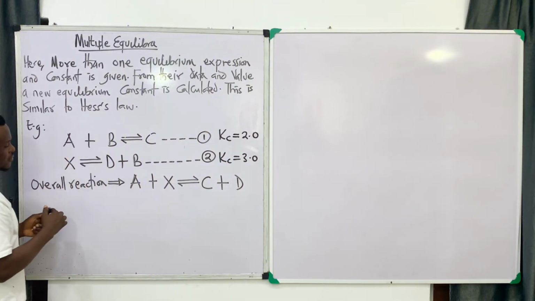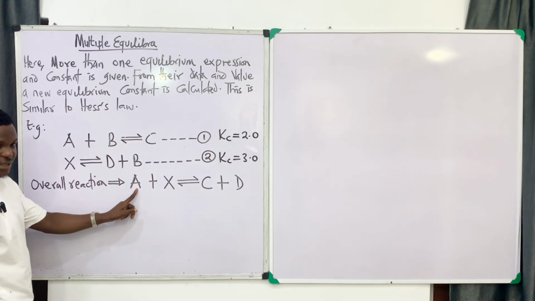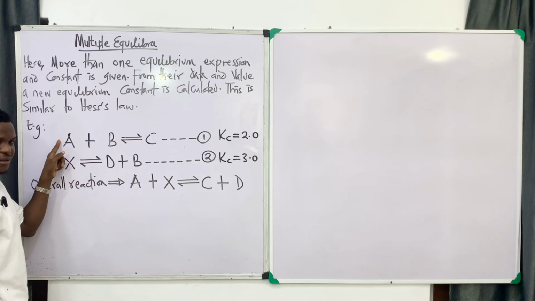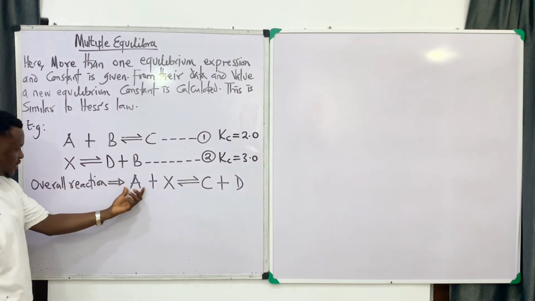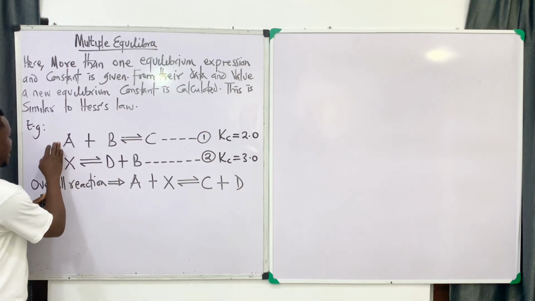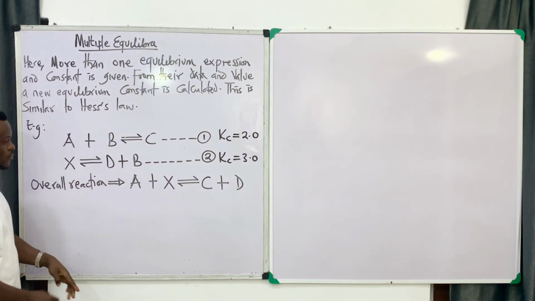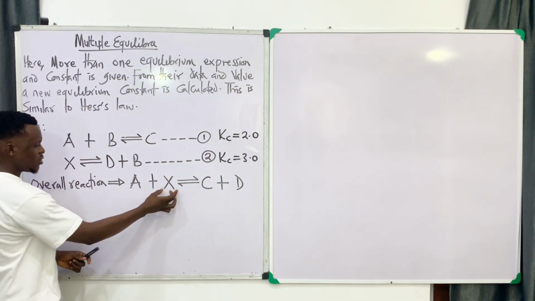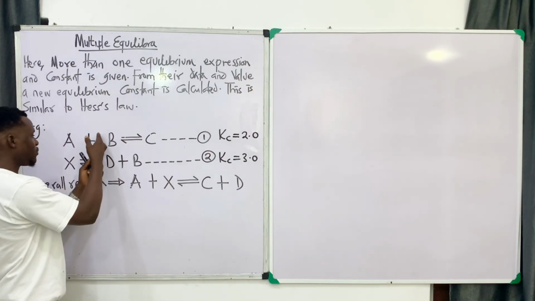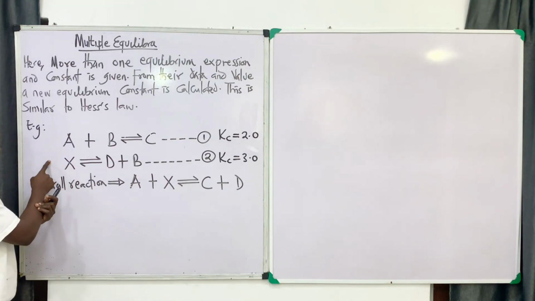In the overall equation, there is A on the reactant side. Looking at these two equations, we have A on the reactant side, which corresponds to 1 mole of A in the overall equation. Coming down to the overall equation again, we have X on the reactant side, and we can see X on the reactant side in these two individual equations as well.